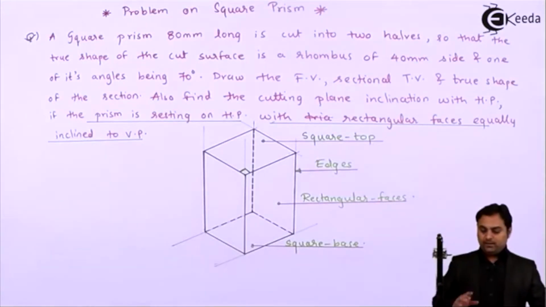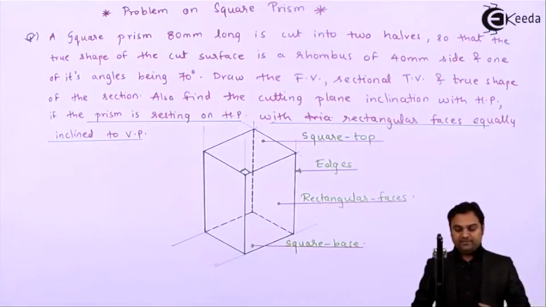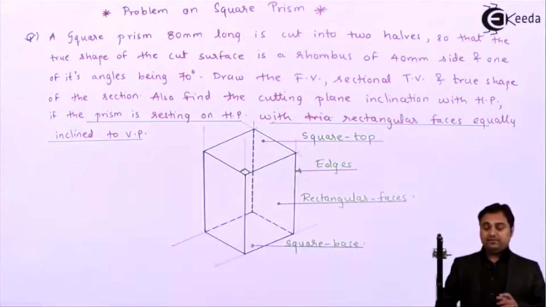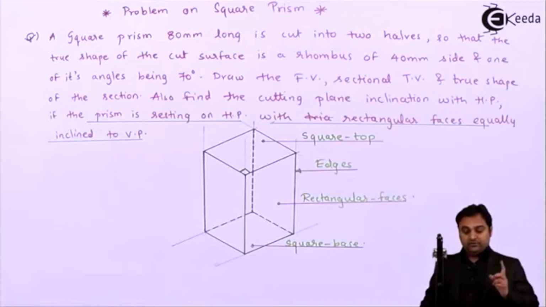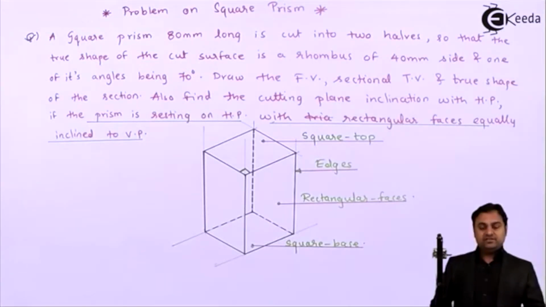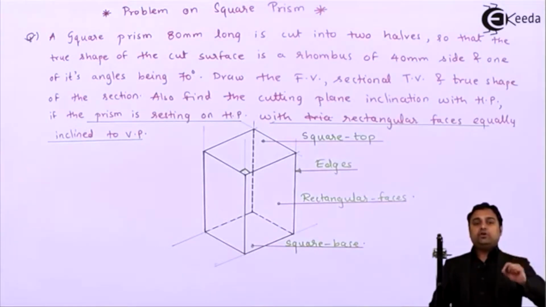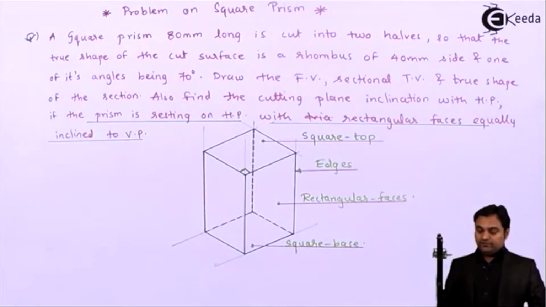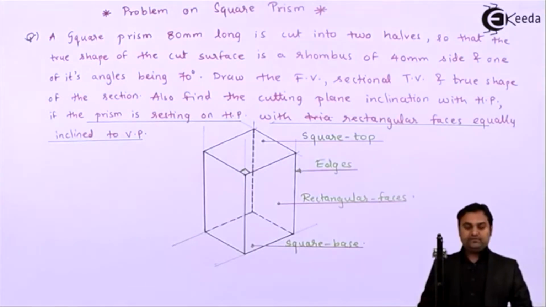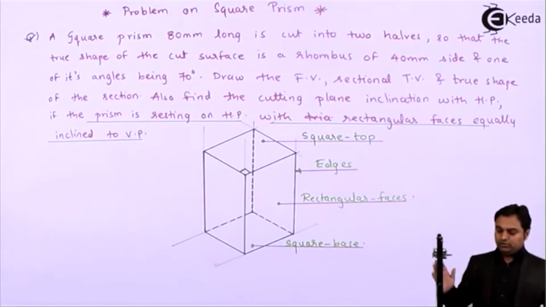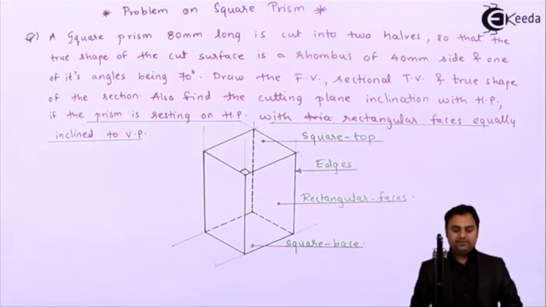But here if we see, the question is a square prism 80 mm long, the height is given, is cut into two halves so that the true shape of the cut surface is a rhombus of 40 mm side and one of its angles being 70°. The angle of the rhombus is given. Draw the front view, sectional top view and true shape of the section, and then also find the cutting plane inclination with HP if the prism is resting on HP with rectangular faces equally inclined to VP.